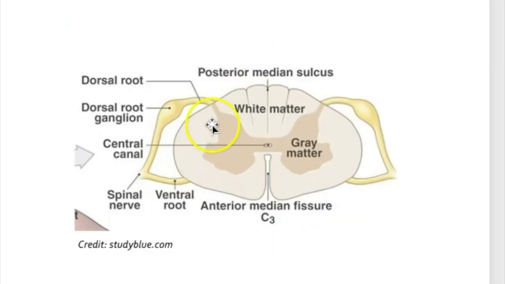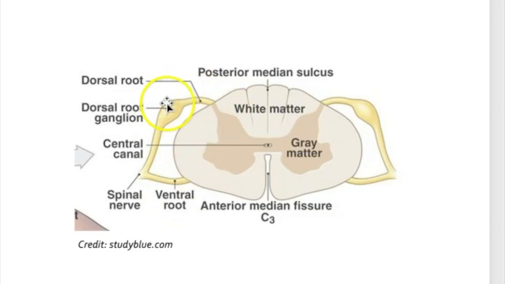We also discussed how the nerves come off of the spinal cord. These are called spinal nerves. There's a ventral root and there's a dorsal root. The dorsal root has a ganglion associated with it. The ventral root does not.